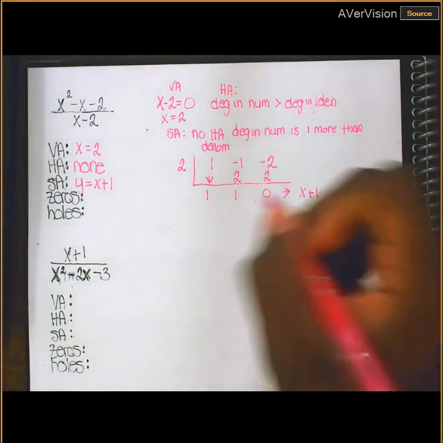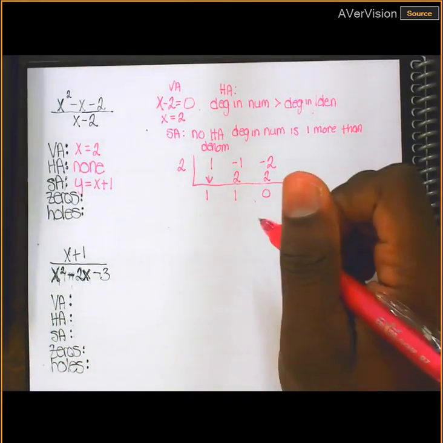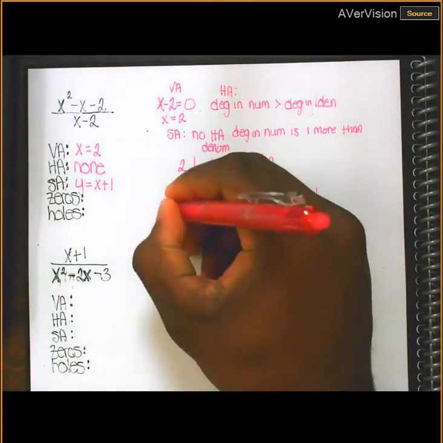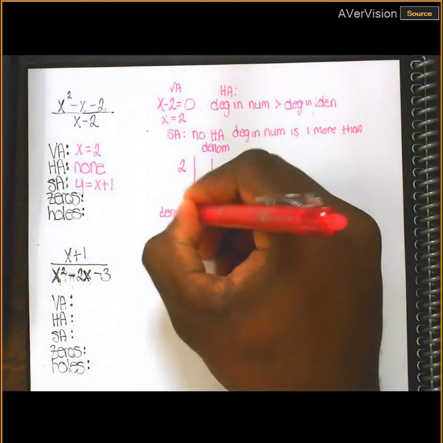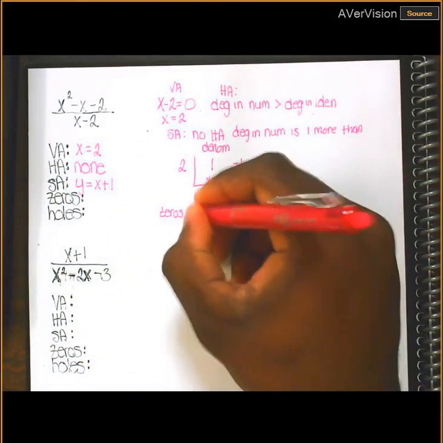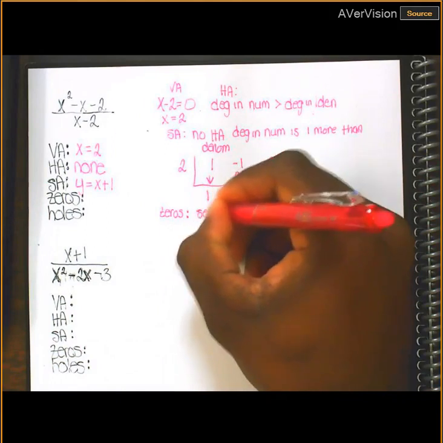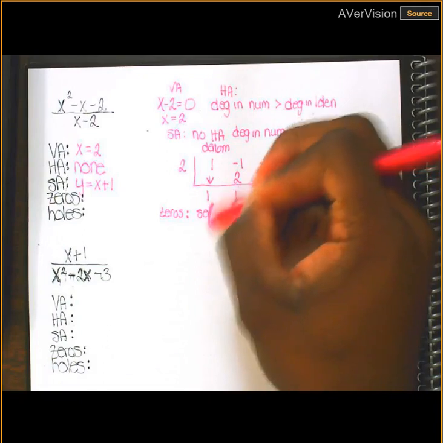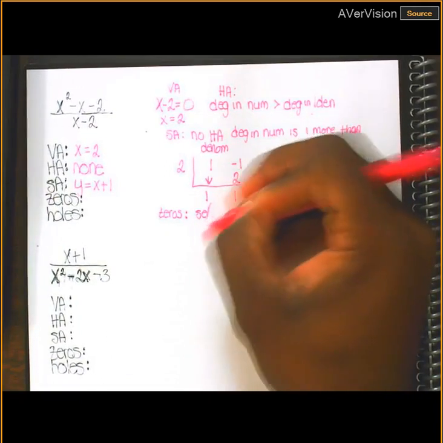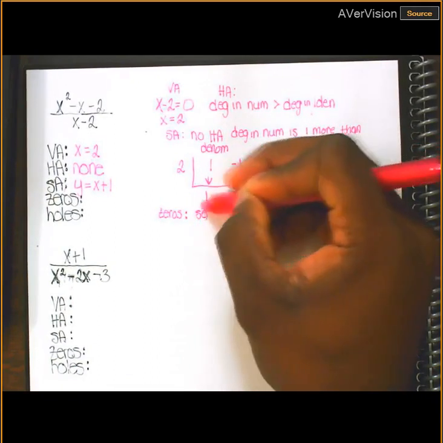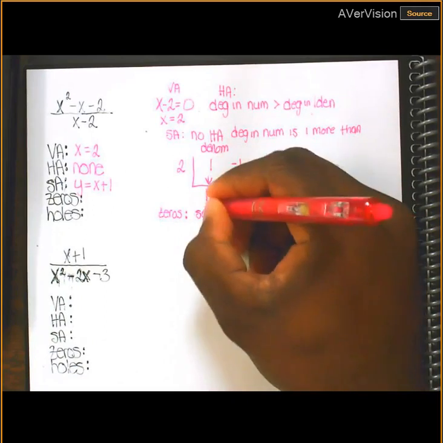Zeros. How do we find zeros? Yeah. To find the zeros, we just set the denominator equal to 0. And we already did that when we were looking for the vertical asymptote.